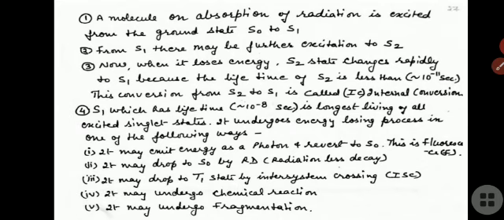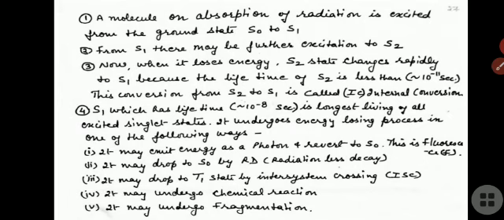A molecule on absorption of radiation is excited from the ground state S0 to S1. From S1, there may be further excitation to S2. S2 represents the higher vibrational level of the upper excited singlet state.